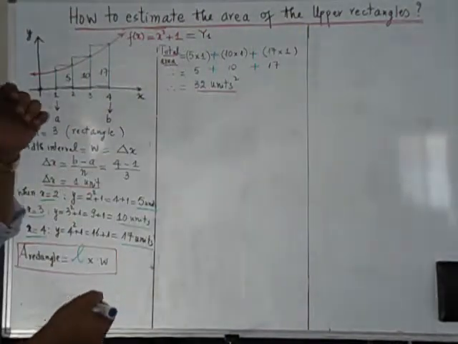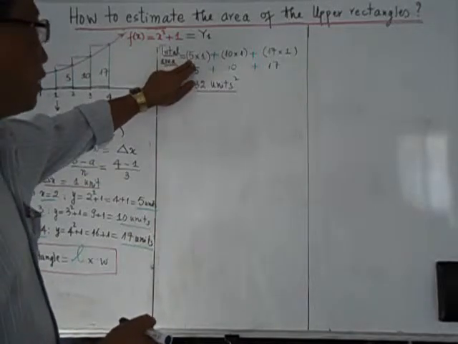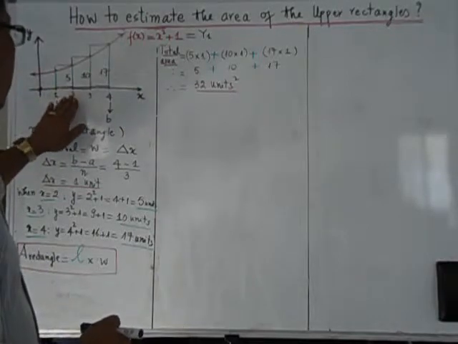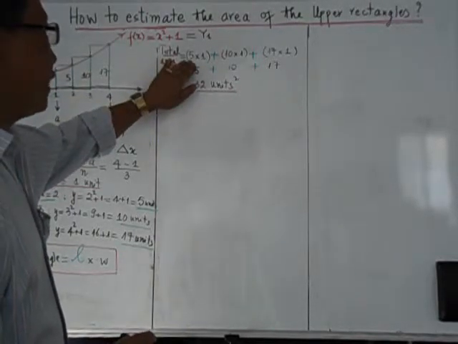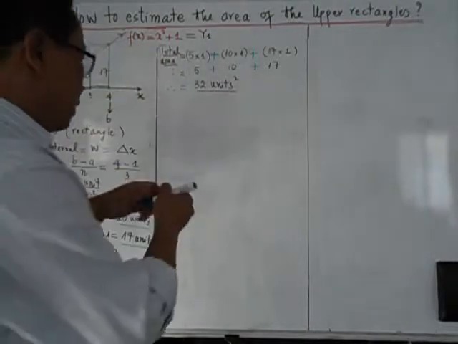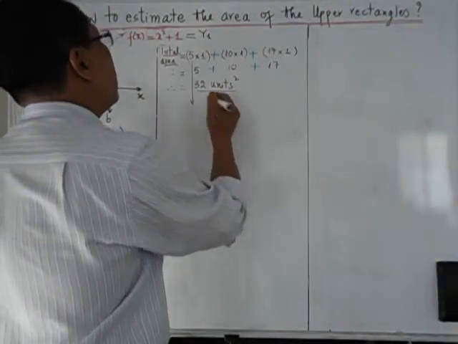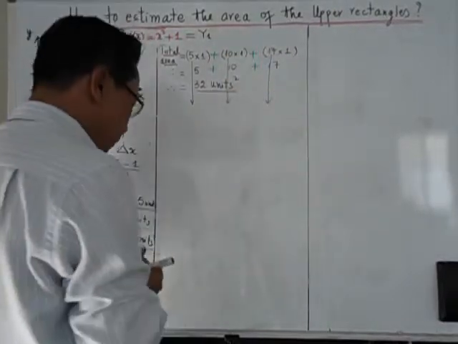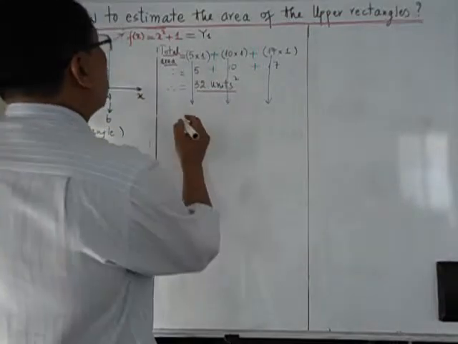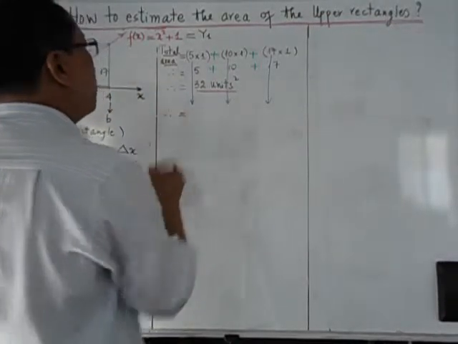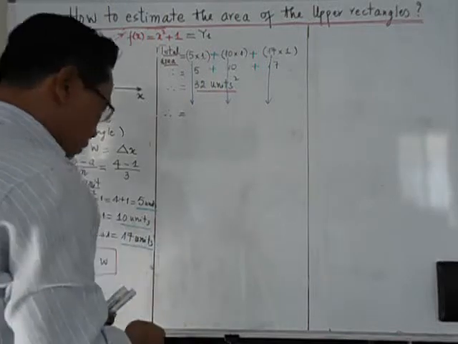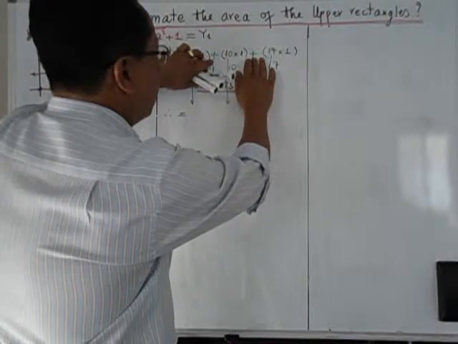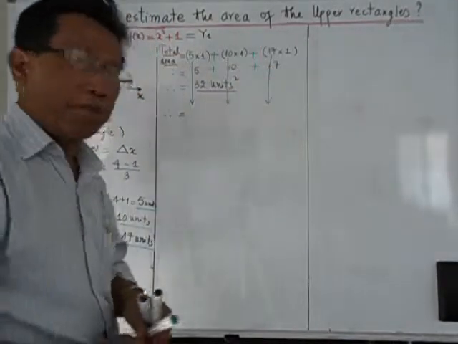If we observe, the length is the main function f(x). When x equals 2, the length equals 5. So the total area equals the summation. This symbol here represents the summation.